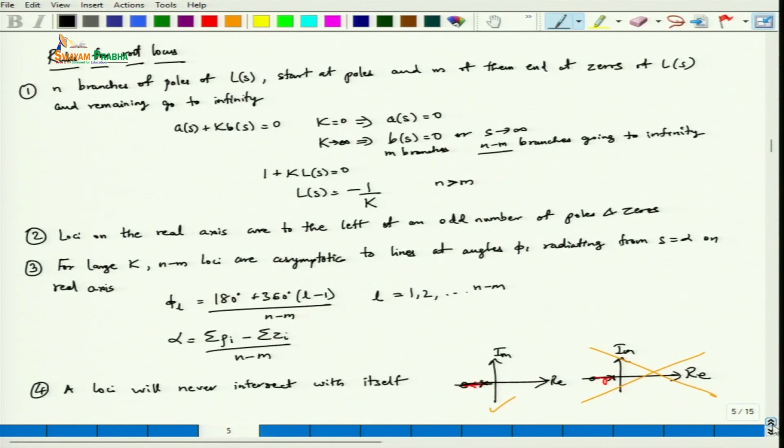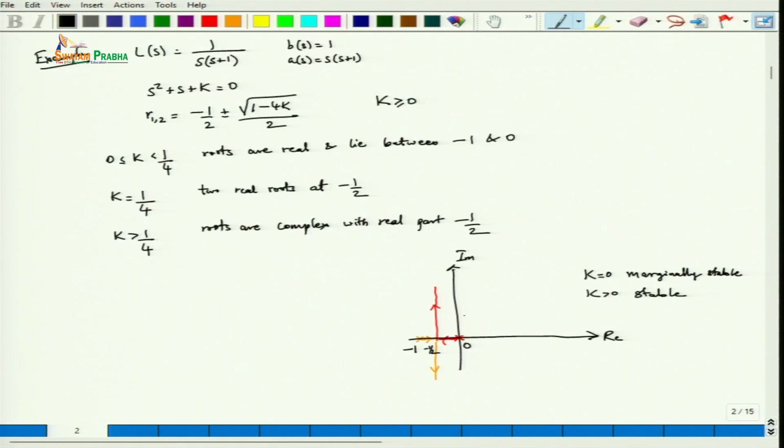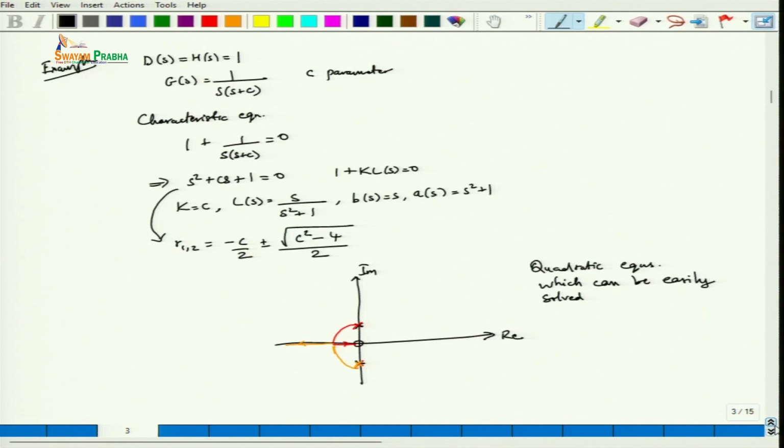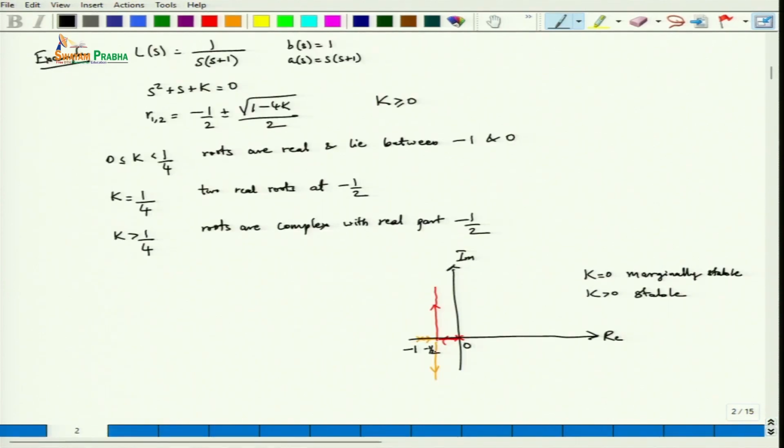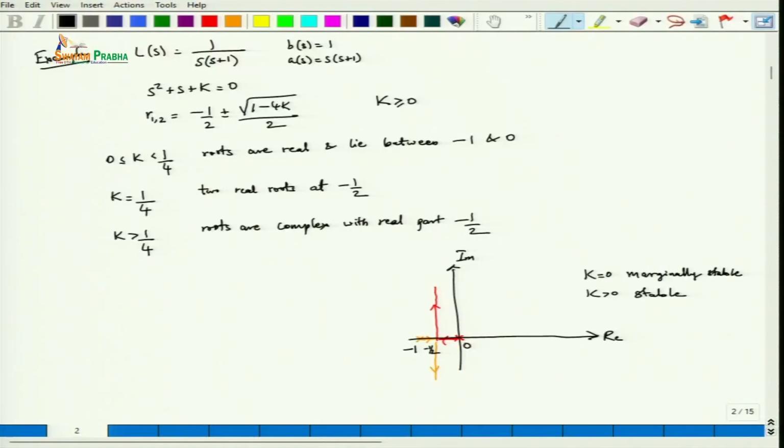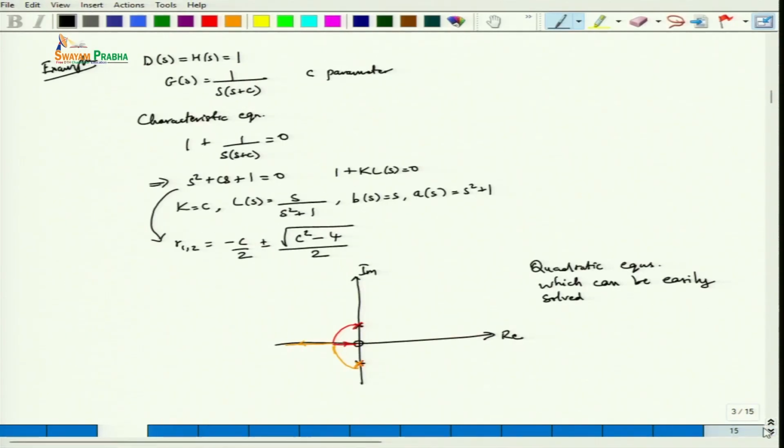If we go back, you will see that we get a similar result from these rules for root locus and the way we solved this quadratic equation. So both the quadratic equation method as well as the rules which have been prescribed give the same solution. Now let us look at this second example.